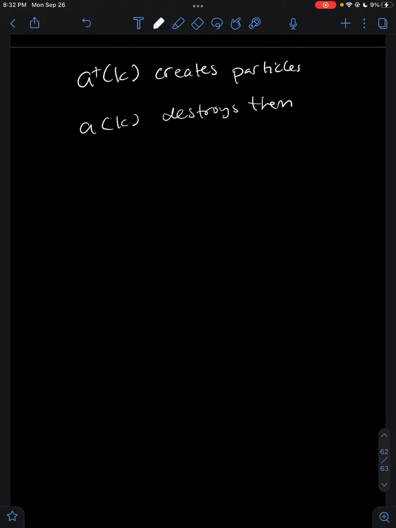So there's an important thing to emphasize here. Say we had A conjugate k prime acting on the vacuum state. That's going to give us a particle state, one particle with momentum k prime.